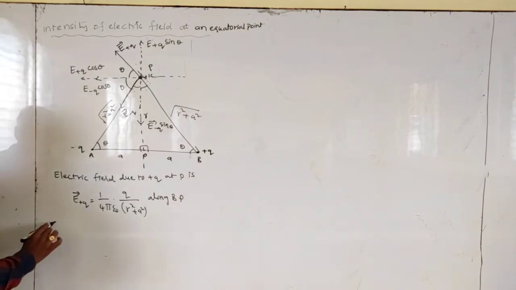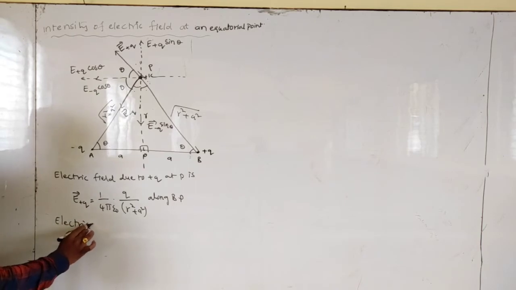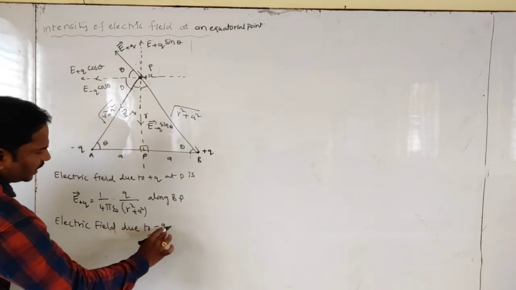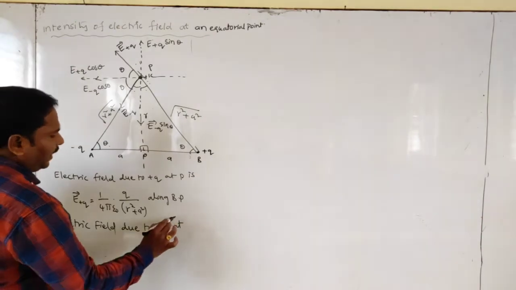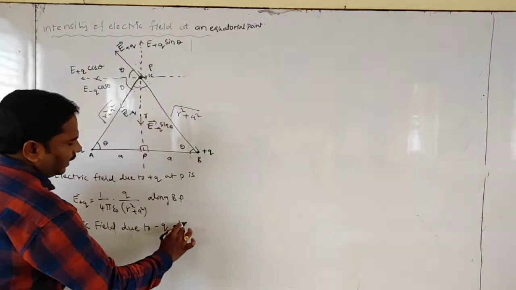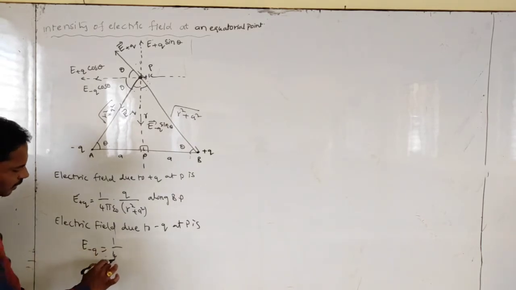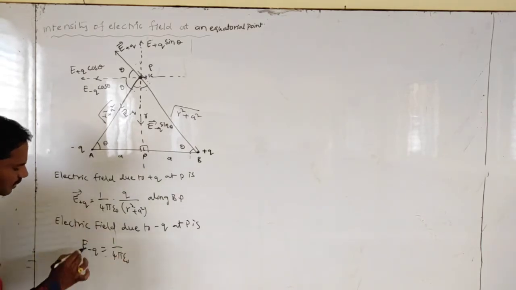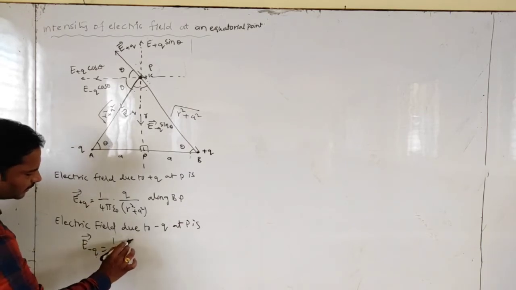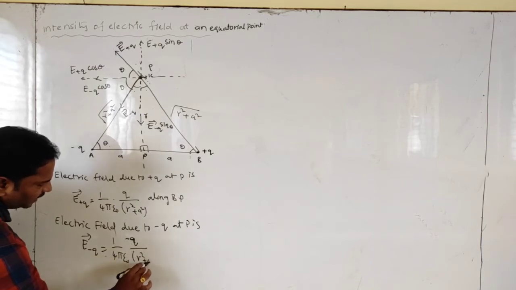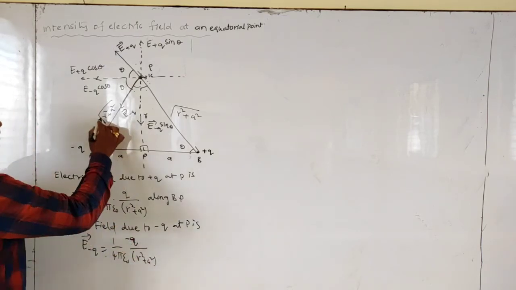Next, the electric field due to minus q charge at P. E minus q equals 1 by 4 pi epsilon naught, Q by (R square plus A square) whole power 1 by 2 squared, which cancels.